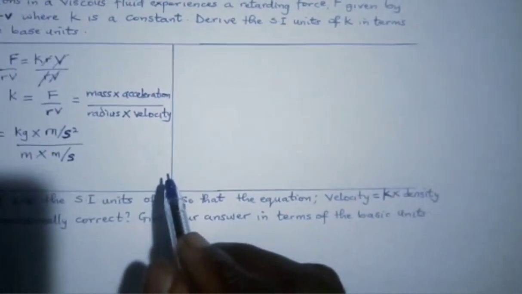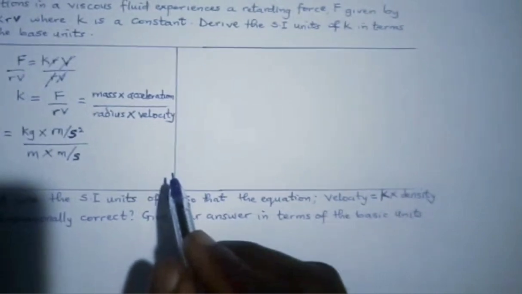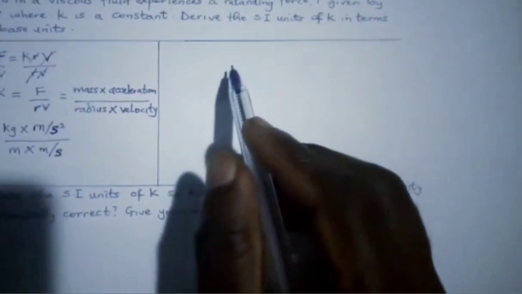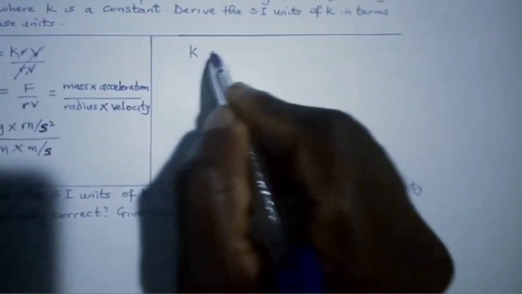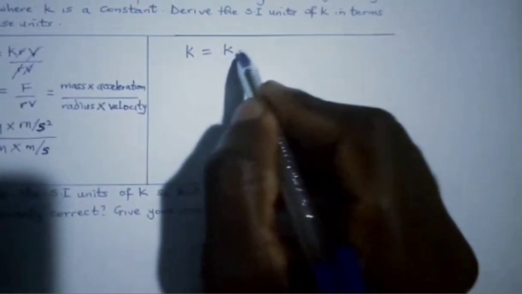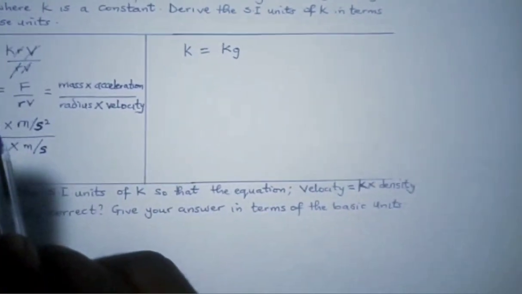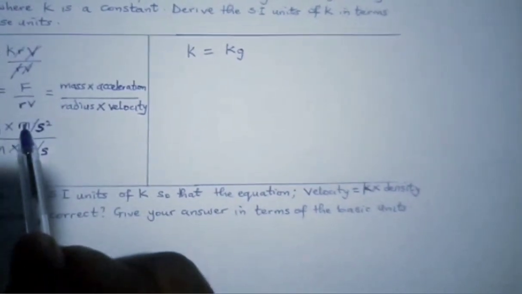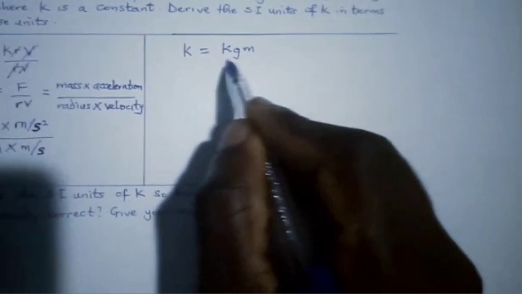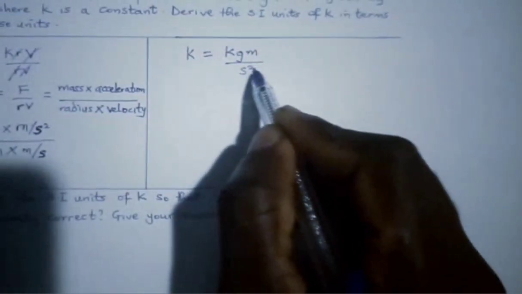Now, having spelled all this out, the next thing to do is to divide. K is equals to kilogram. If you multiply the terms in the numerator together, you have kilogram meter over s square.